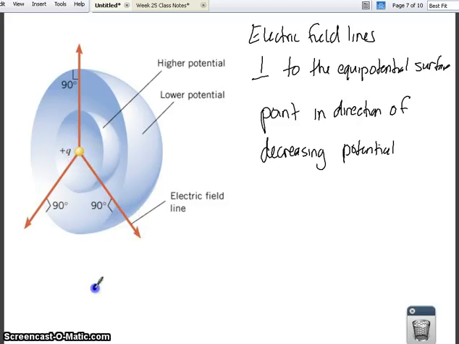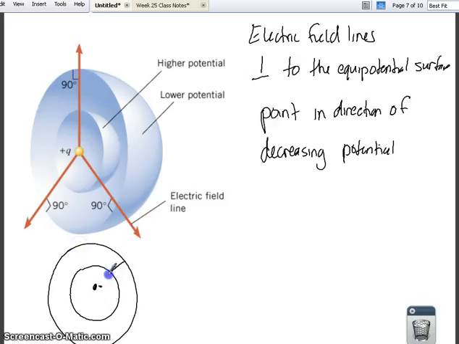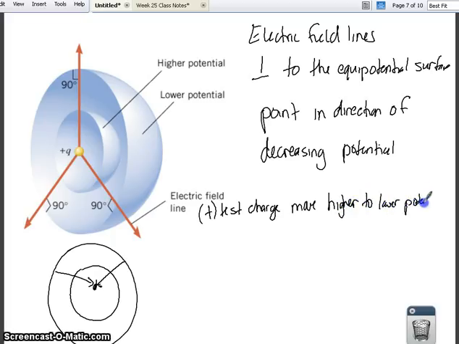If we had a negative charge with circles around it, the lines would be pointing inward, perpendicular to the surface. And if we had a positive test charge, as we know, it is going to move from higher to lower potential.